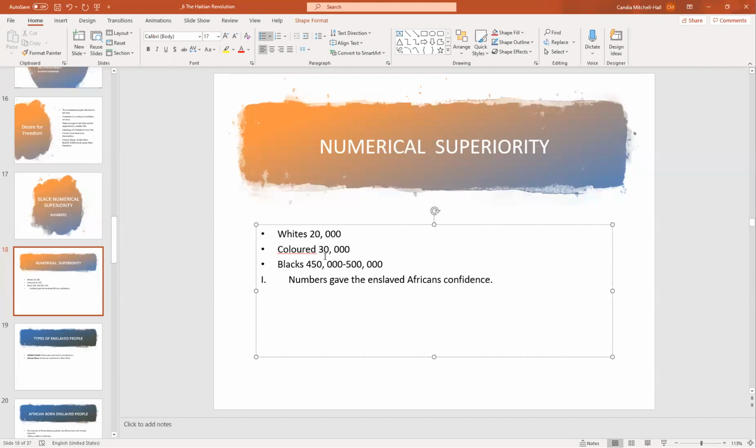We as blacks have the majority of the numbers. So why are we going to sit here and pretend as if their house is not on fire? The mere fact that their house is on fire, we need to free ourselves. We have the majority of the numbers. So it gave them confidence. The numbers gave them some form of power because they had the majority.